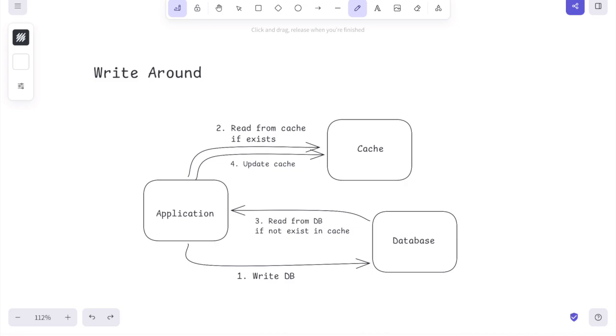The con is that the first read after a write will always be a cache miss. We use this when you are writing large data sets that won't be reread soon, like log files and archive data. So these are the three strategies.